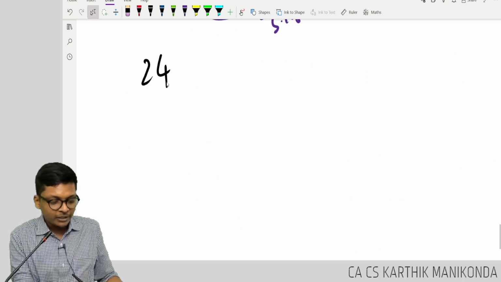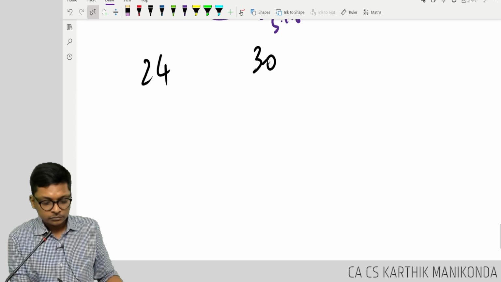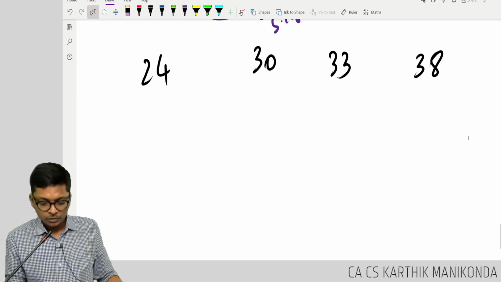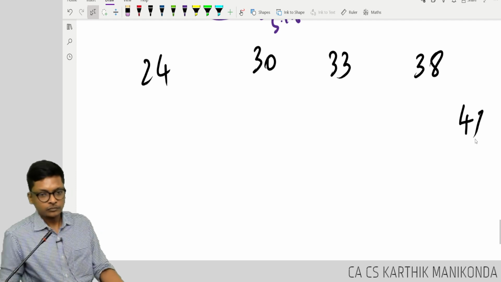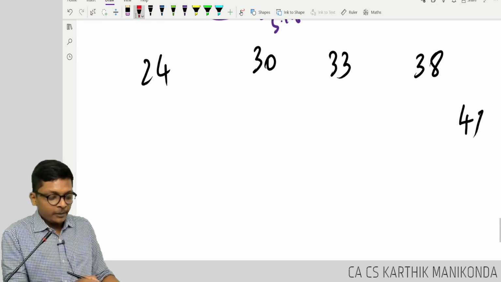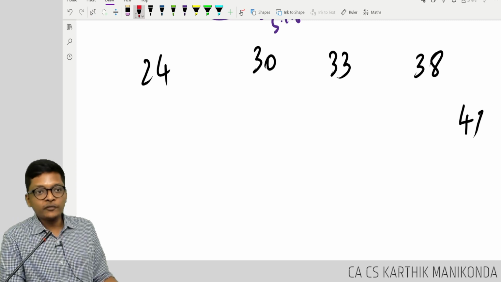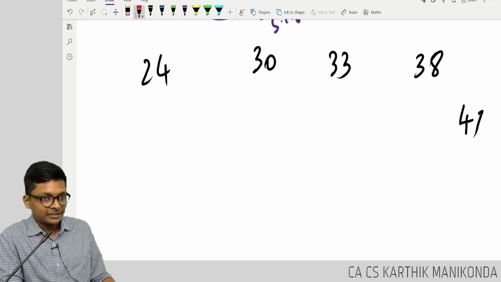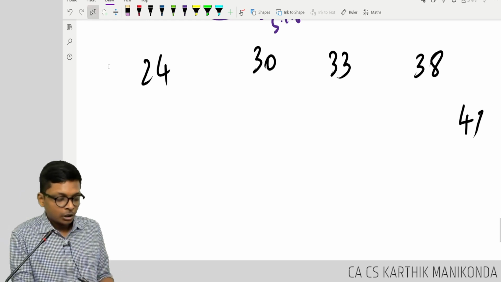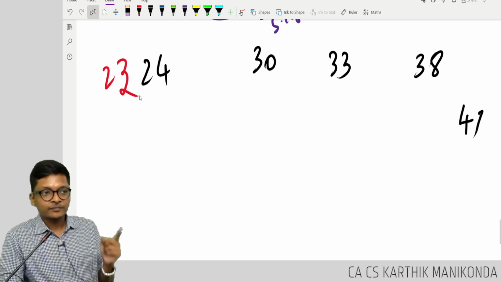What are the sections? 24, 41. That's it. If you remember the prospectus chapter section numbers, we had a beautiful flow of remembering section numbers. It was very easy to remember. 23 was what, guys?